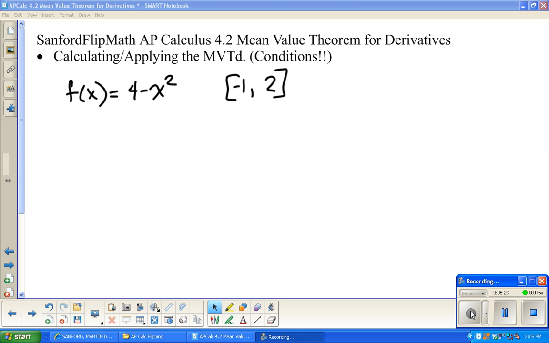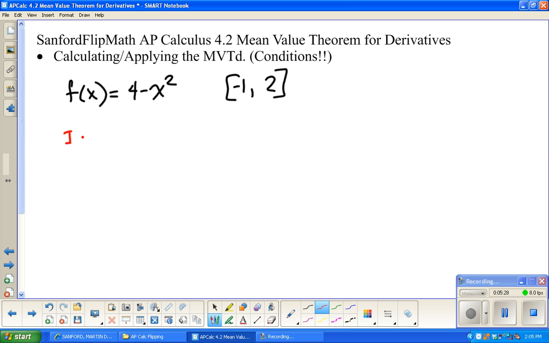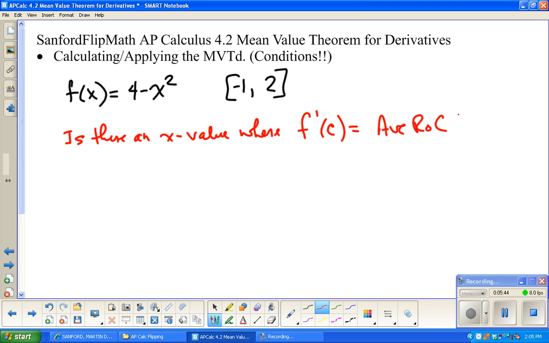And what I want to know is, first of all, is there an x value where f prime of c equals the average rate of change on the interval -1 to 2? So initially the question is saying, is there an x value?